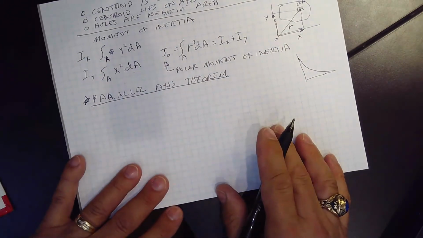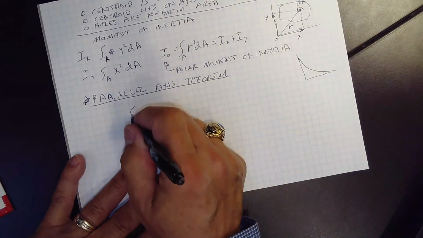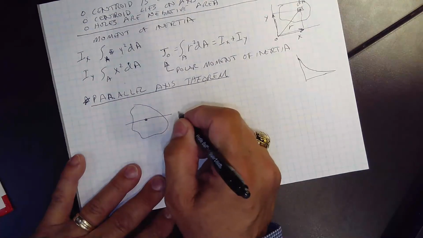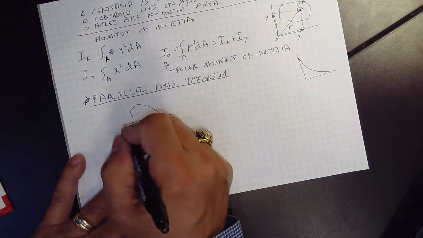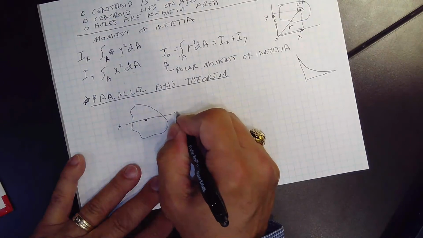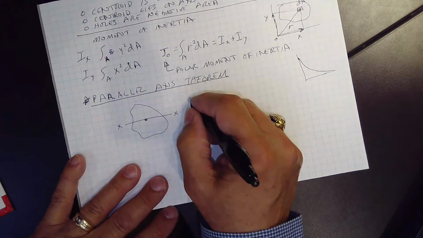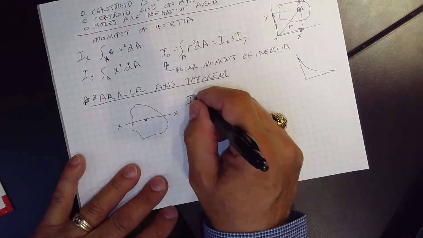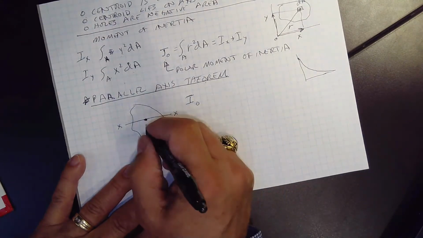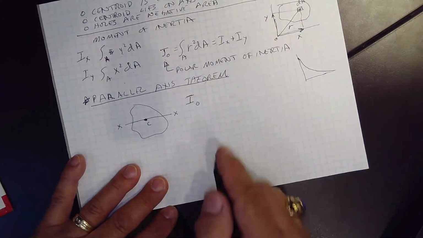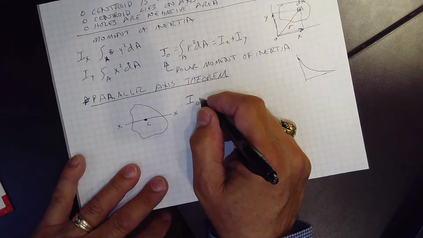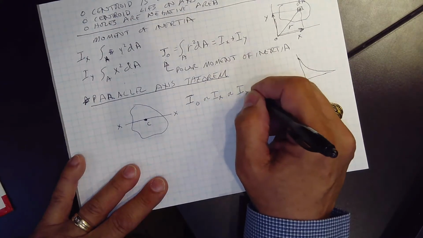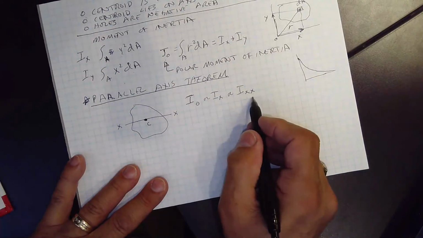What that says is if I have, again, my amorphous blob, and I know the moment of inertia about the centroid, if we call this XX, we call it I naught or Ix, but it's the moment of inertia about the centroid. You'll see it written different ways: Ix or Ixx or I naught.